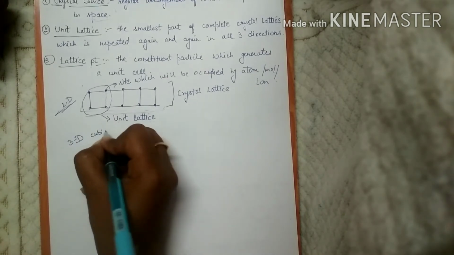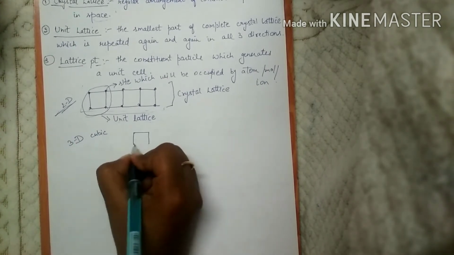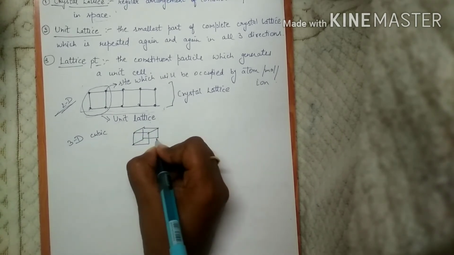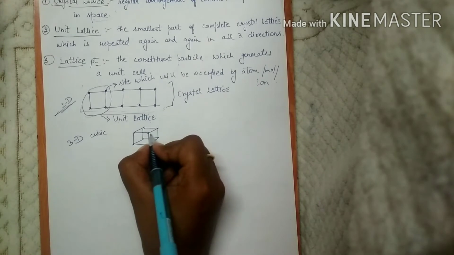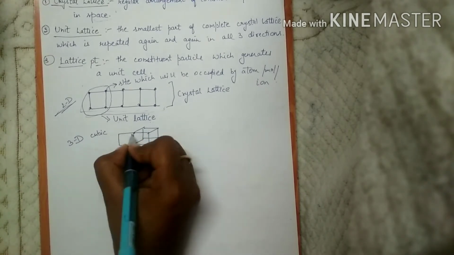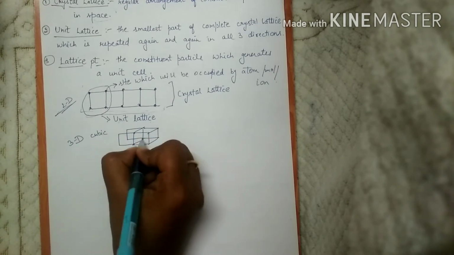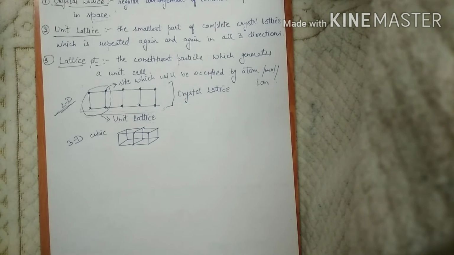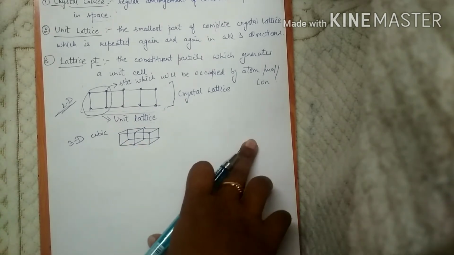So instead of square, we can have a cubic arrangement like this. Okay, this cubic arrangement can be repeated again and again.